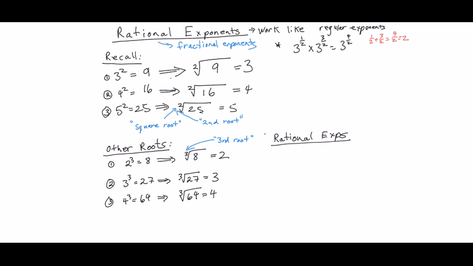Now, we're going to continue using those same roots that we were using before. So, I'm going to rewrite each of these equations as an alternate form. But this time we're going to write every one of these, the third root of whatever, as a fractional exponent.